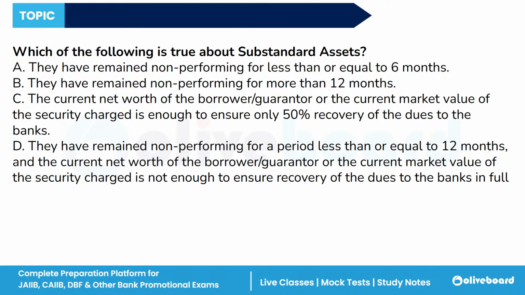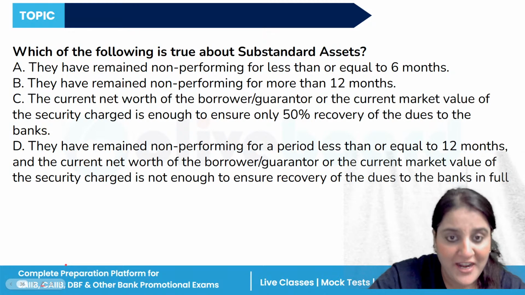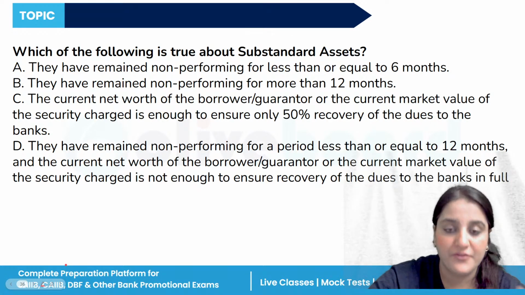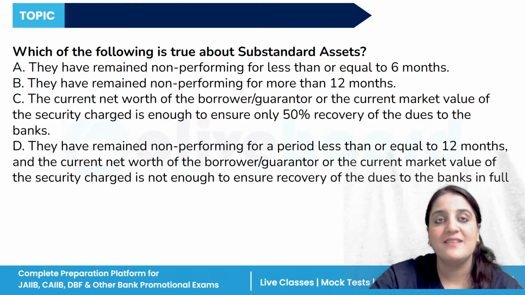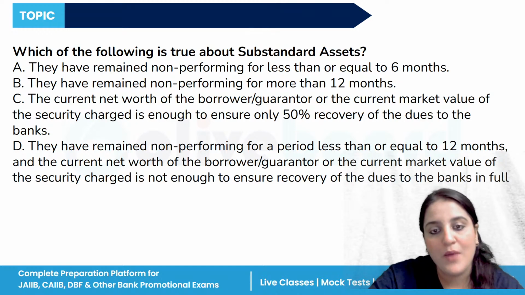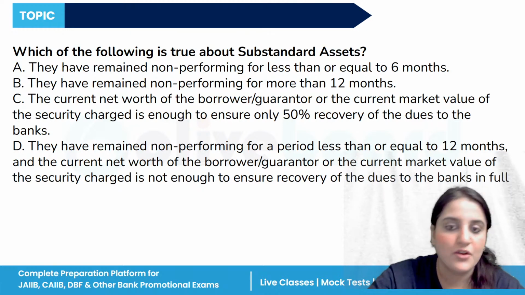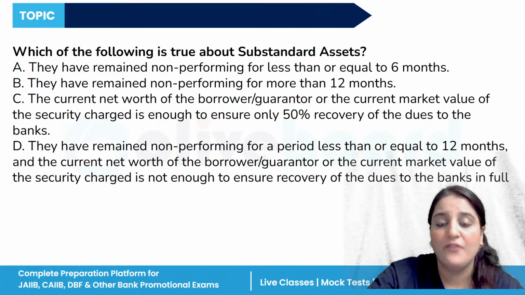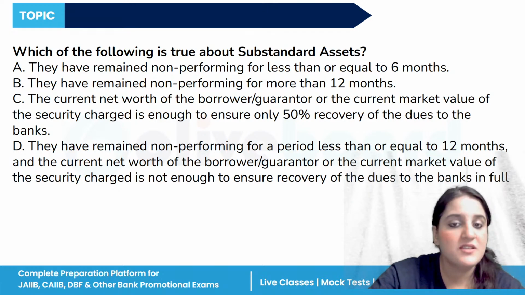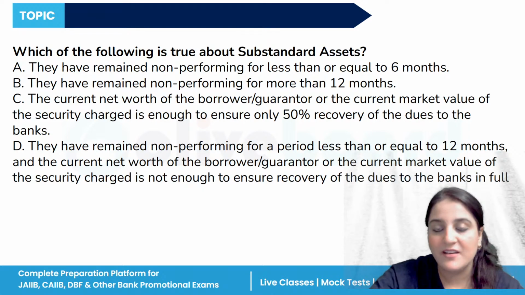If we talk about the substandard assets, with effect from 31st March 2005, a substandard asset would be one which has remained NPA for a period less than 12 months. In such cases, the current net worth of the borrower, guarantor, or the current market value of the security charged is not enough to ensure the recovery of the dues to the bank in full.